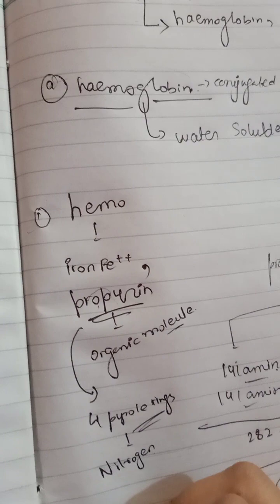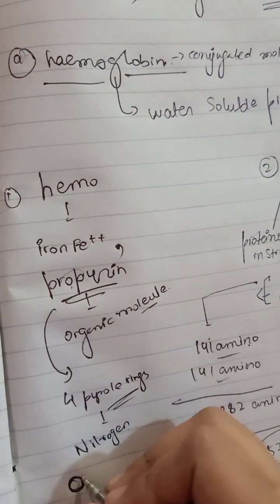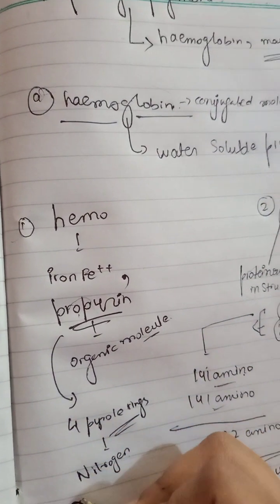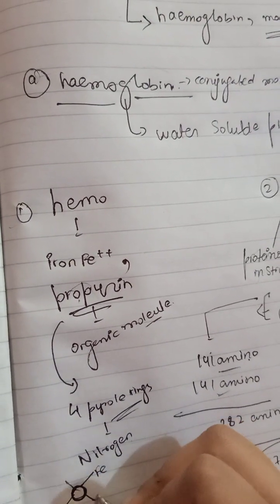For example, this is the structure of porphyrin. It contains nitrogen, and there are four pyrrole rings, which means four iron atoms can be attached.